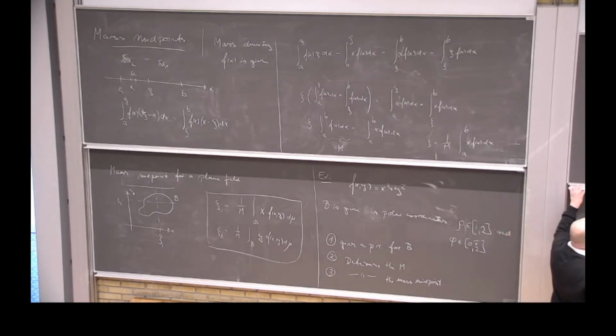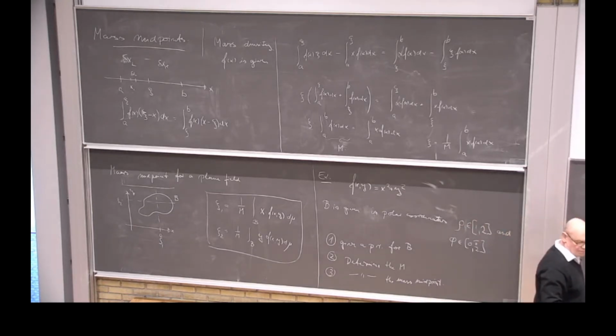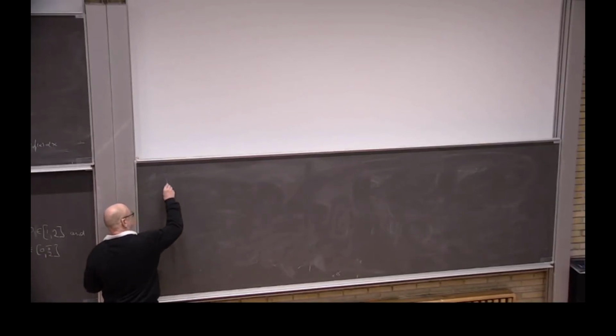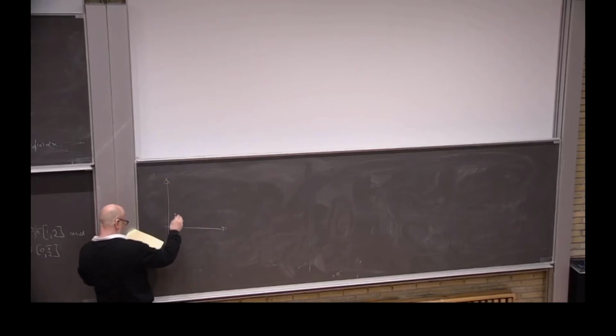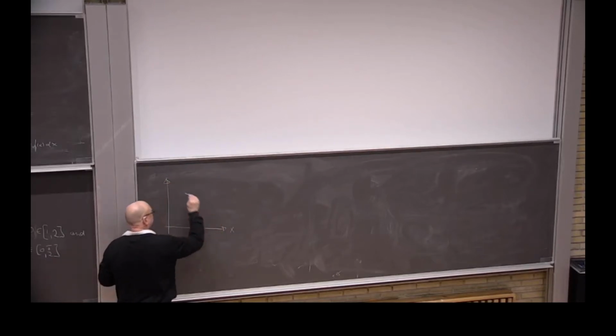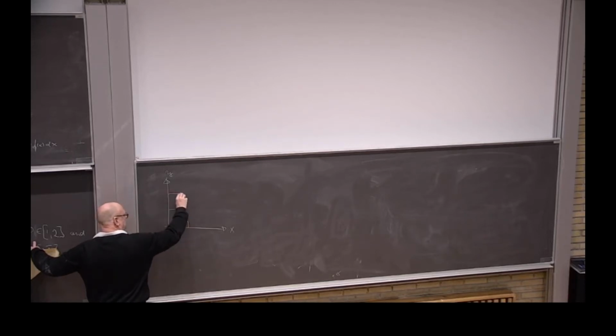So let me just sketch this area for you. In the xy plane, you have that in polar coordinates, you have the radius 1, and you have the radius 2.